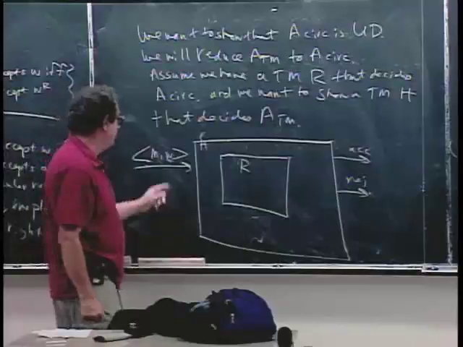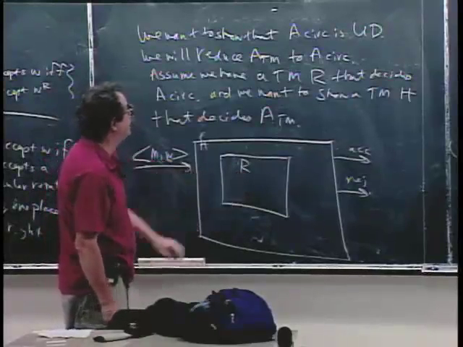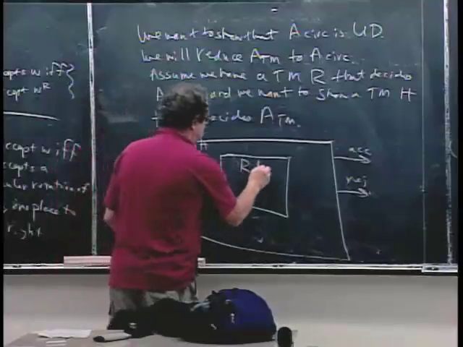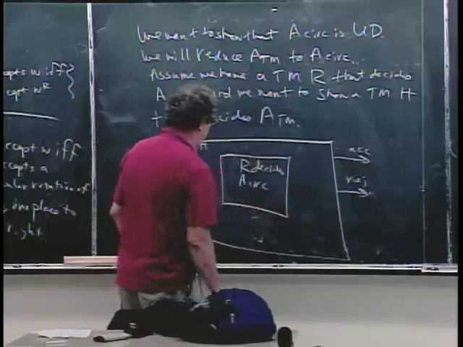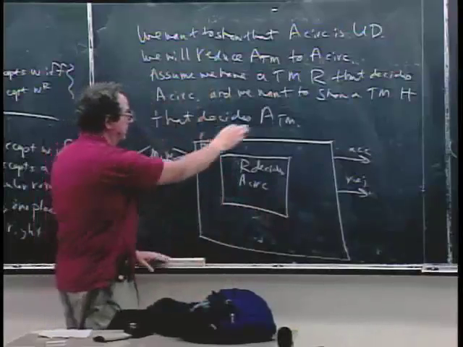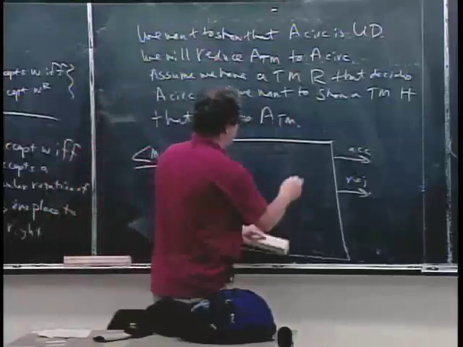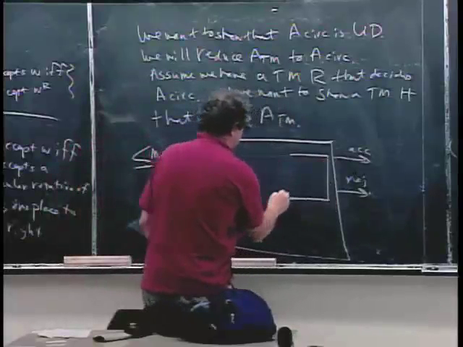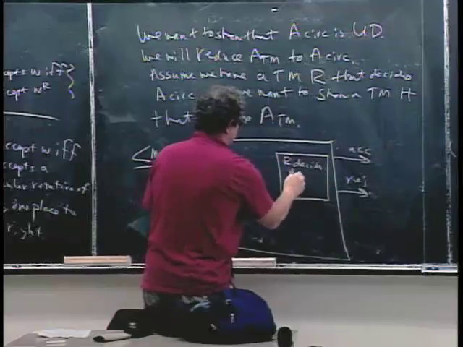Okay? So we have the particular W. And this is a machine here that can decide A circ. Okay, so what is going to happen in here? I haven't quite left myself enough room. So here, I'll just make R smaller. R decides A circ.